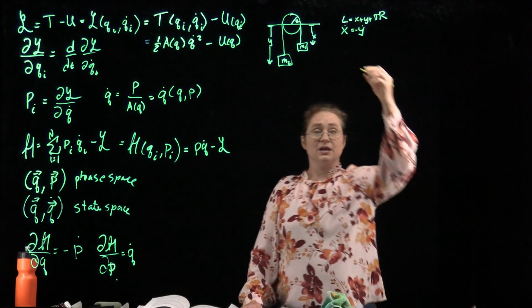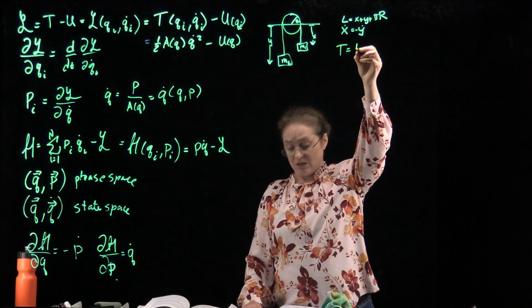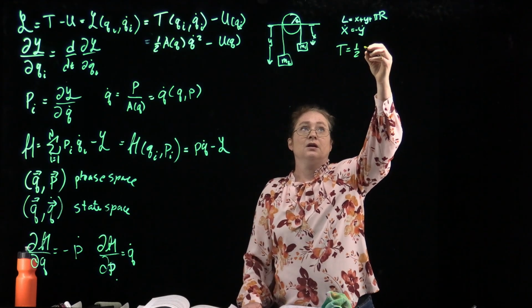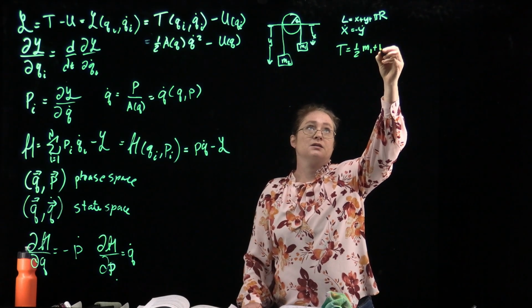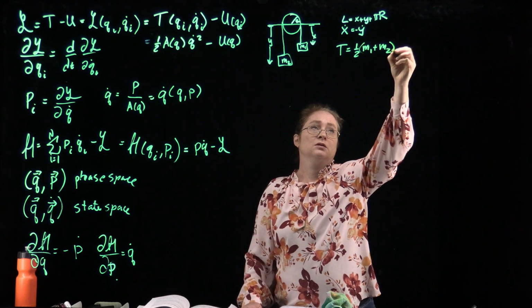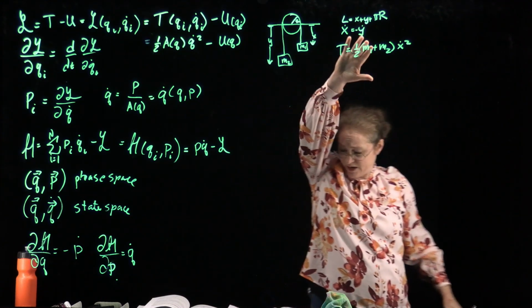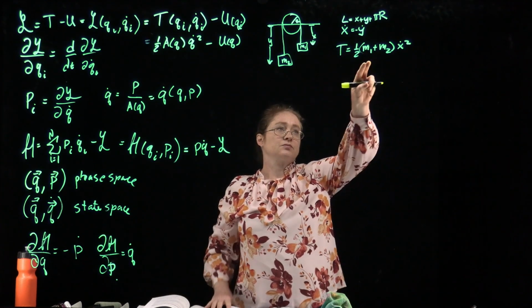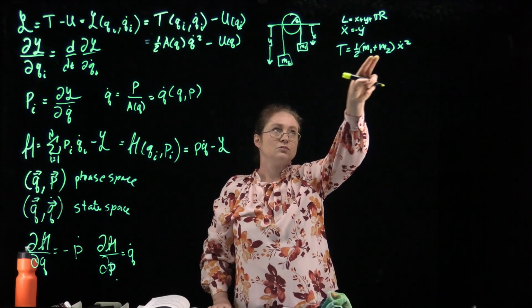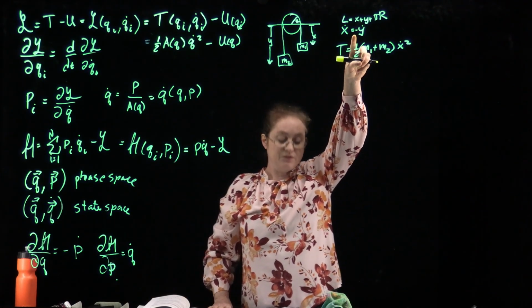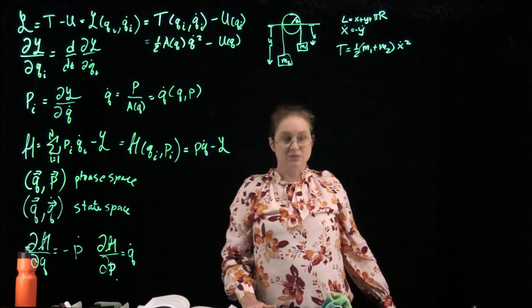And when I put together my kinetic energy, T equals 1/2 m1 plus m2 x dot squared, because when I square it, the negative sign here goes away.